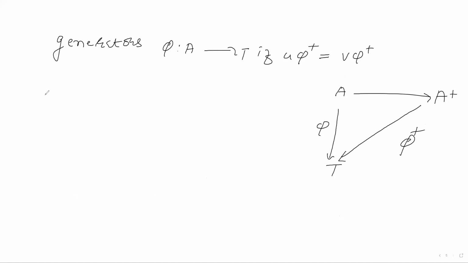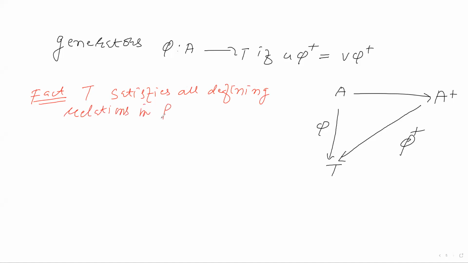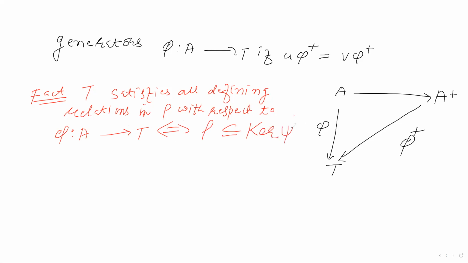One fact, which is straightforward and follows from these definitions, is that T satisfies all defining relations in rho with respect to phi from A to T if and only if rho is contained in the kernel of phi plus.